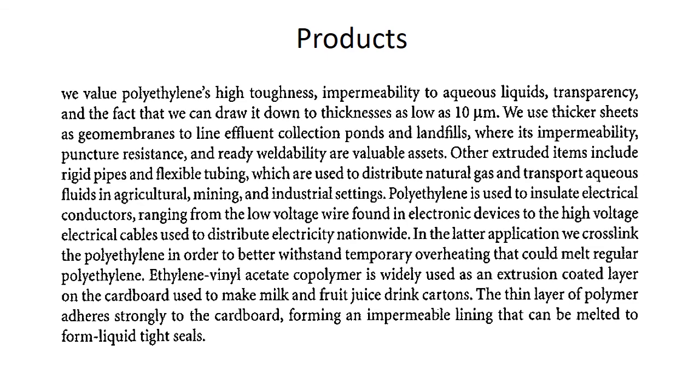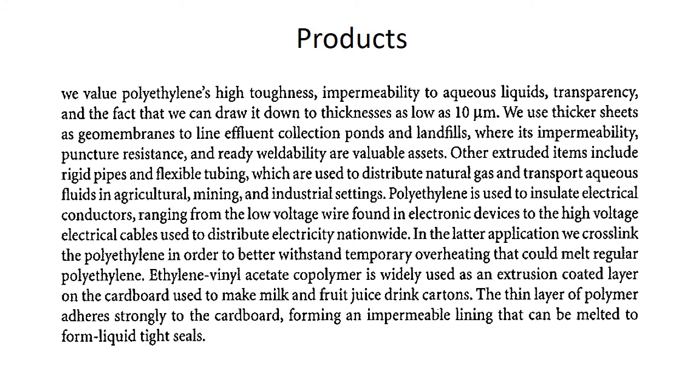When we talk about EVA copolymer, it is widely used as a coating material on cardboard to make milk or fruit juice drink cartons. In these cartons, because it is very good, its permeability is almost zero. It is also a good coat for these fruit juices, and it is very less reactive.